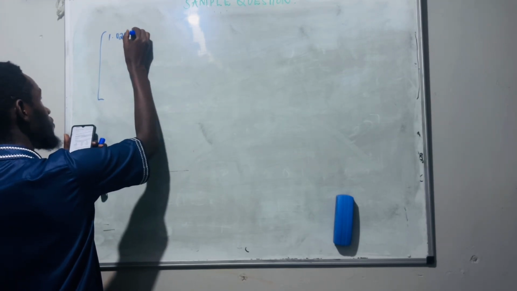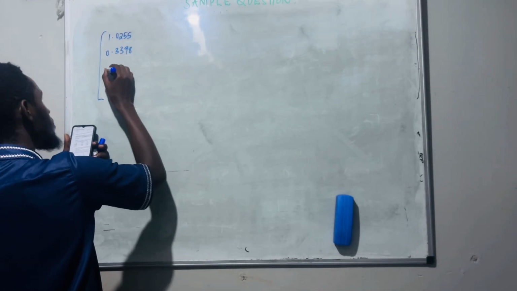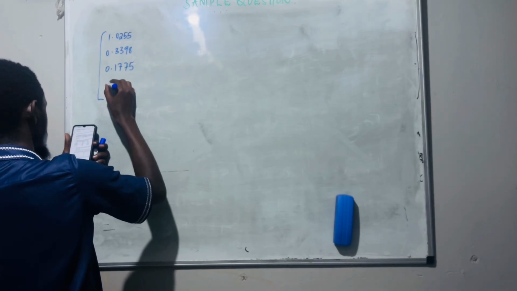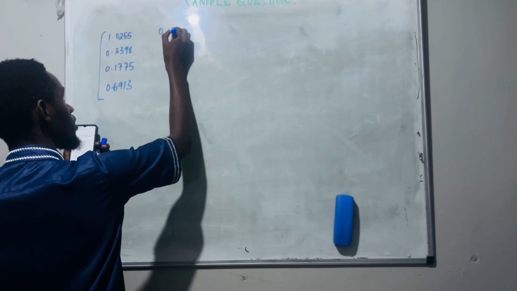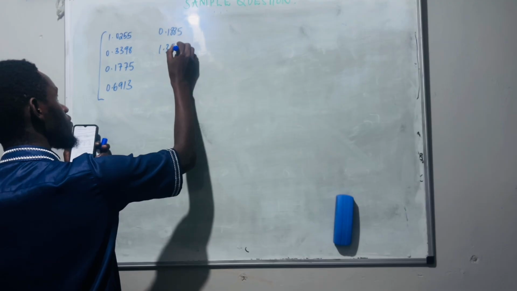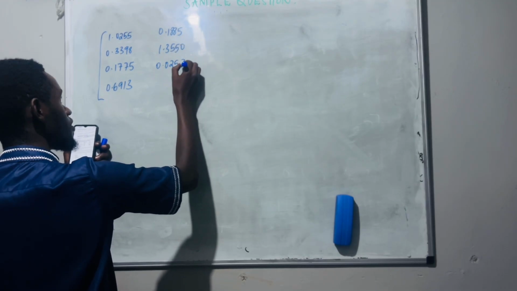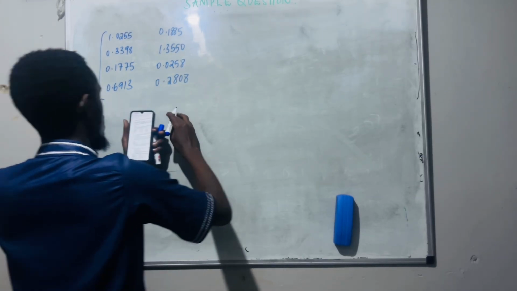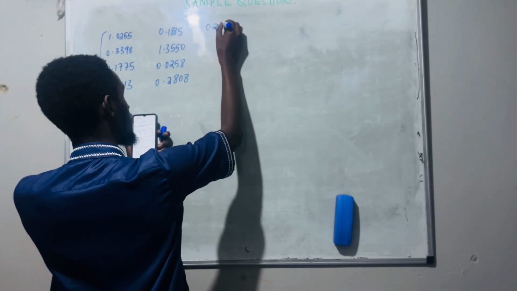It is 1.0255, 0.3398, and then 0.1775, and then 0.6913. Then here you have 0.1885. Then here you have 1.3550, and then 0.0258. Then here you have 0.2808. Here you have 0.2521.